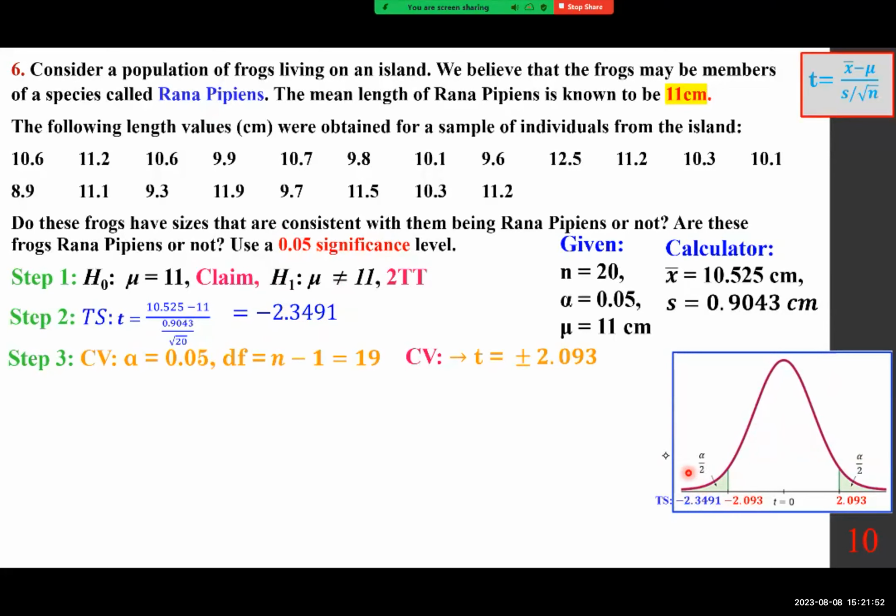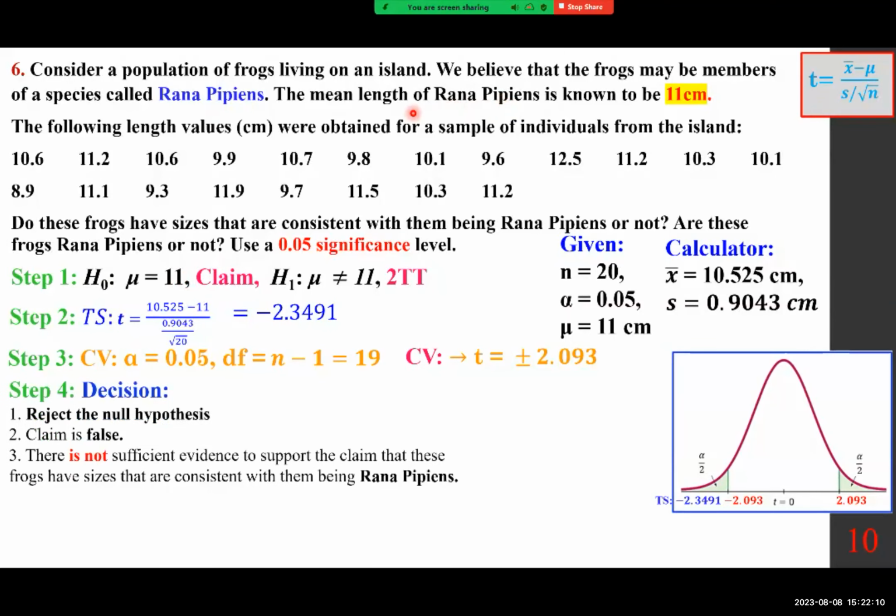Therefore, you are going to reject the null hypothesis. If you're rejecting the null hypothesis, you're rejecting the claim, and we can't say that they are the same species of frogs. The claim becomes false as a result.